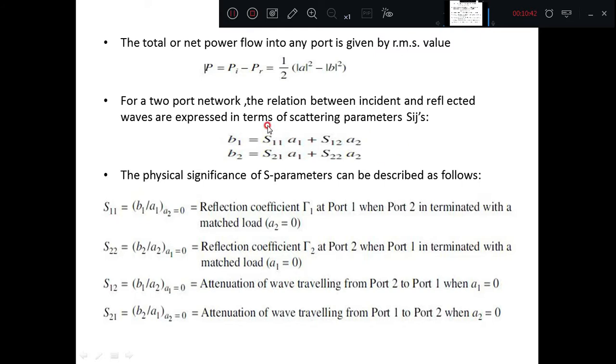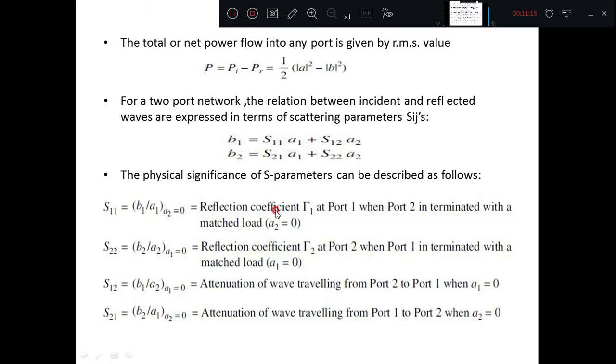So this S11 can be obtained by making A2 equal to 0. A2 becomes 0 when the output is terminated with a matched load. So when A2 is equal to 0, this term becomes 0, and you will get B1 is equal to S11 A1. So S11 is equal to B1 divided by A1 when A2 is equal to 0, right?